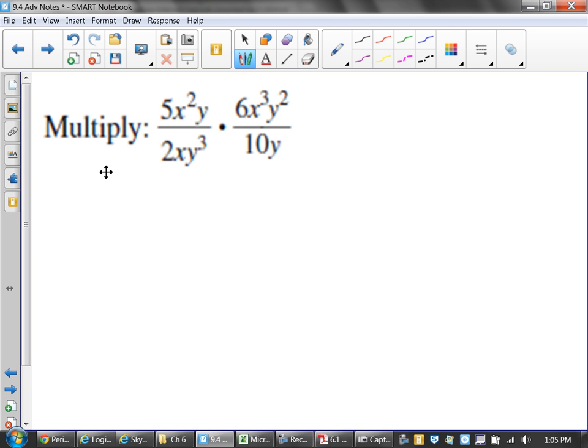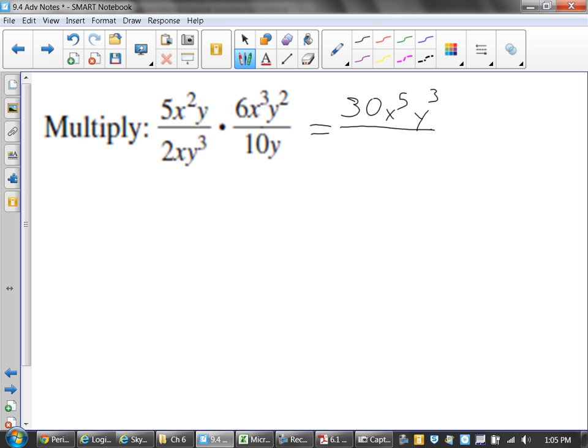For example, in this case, if I'm dealing with my numerator for my numbers, what's 6 times 5? 30. Now go variable by variable. I have x squared times x cubed. What do you get? x to the fifth. y times y squared. Very good.